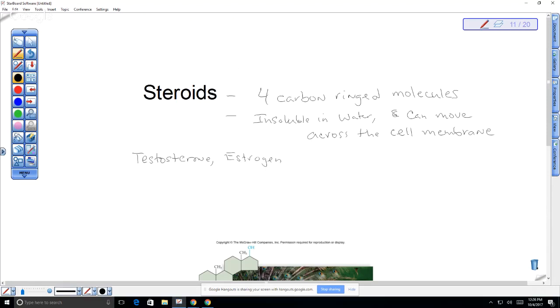And these are very interesting because they're not soluble in water, so they have to be transported in solution. They're transported via the blood, but they're transported using proteins. So proteins have to transport them, okay? They're hormones, but we'll put protein carriers.